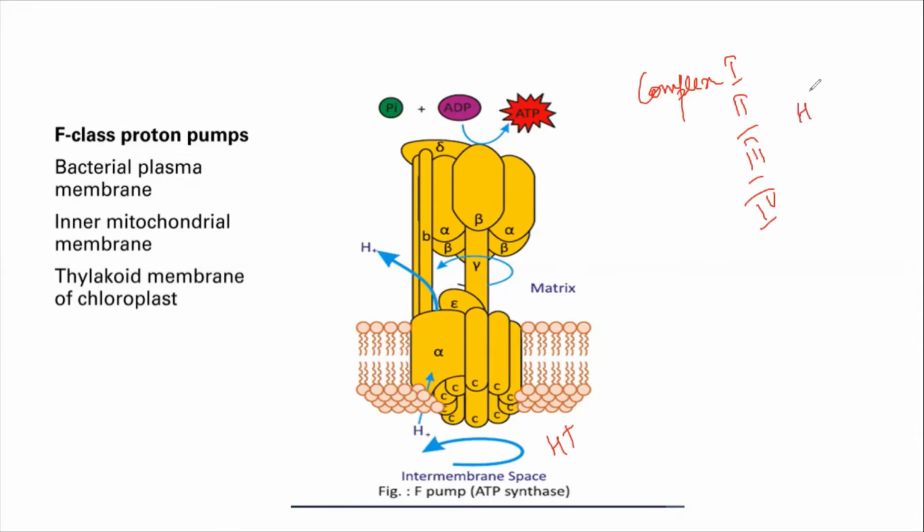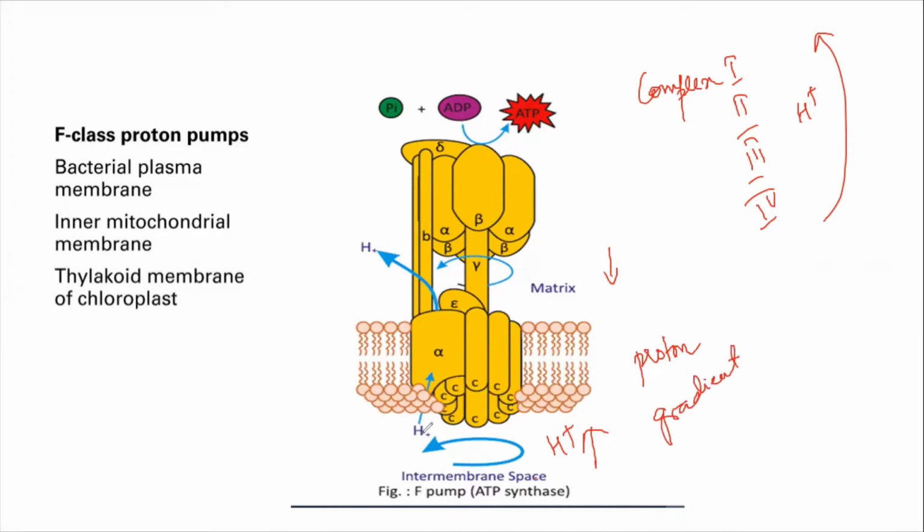The H+ are transported to the intermembrane space. Now you have got the high concentration of H+ in the intermembrane space. So what had happened here? Here it is low, here it is high, so the proton gradient has formed, correct?